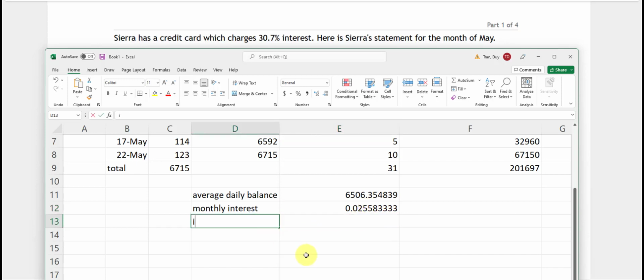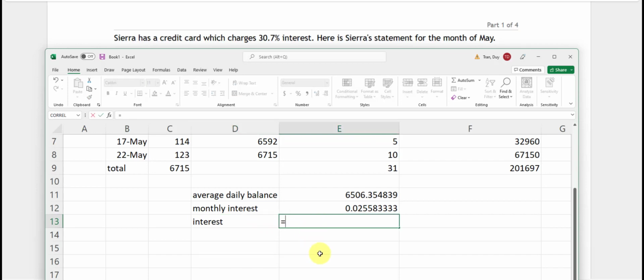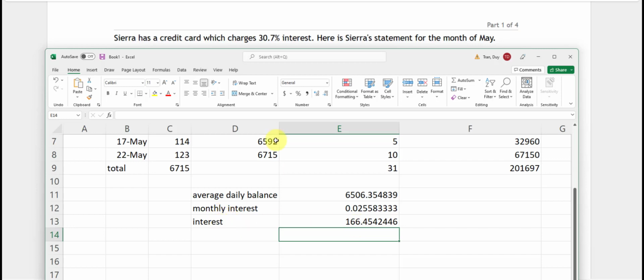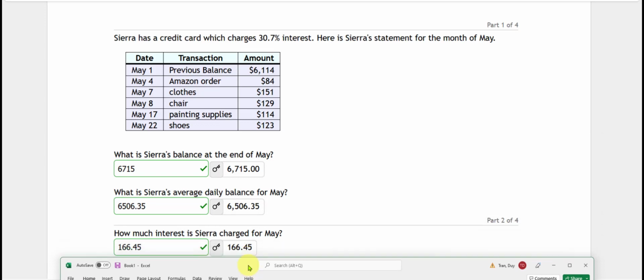And then to find the interest for this month, May, we just take the monthly rate and multiply it by the average daily balance, this amount, and we will get the amount we have to pay for the interest, which is 166.45. That is the interest that Sierra has to pay for the month of May.